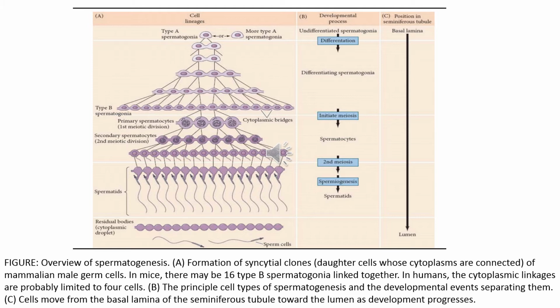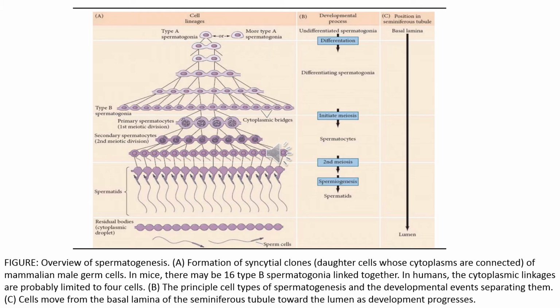Then type B will give rise to primary spermatocytes, again mitotically, and it is from primary spermatocyte that secondary spermatocyte arise by meiosis, and then secondary spermatocytes undergo second meiotic division, and finally spermatids are formed.